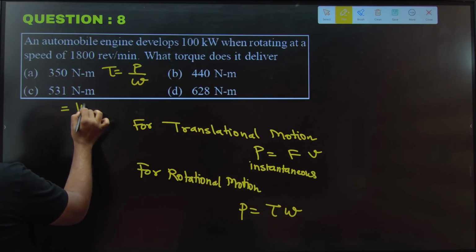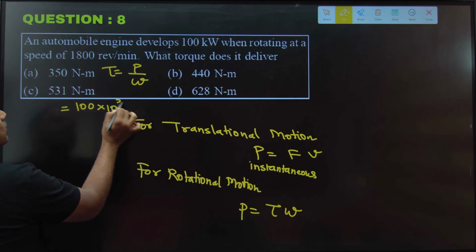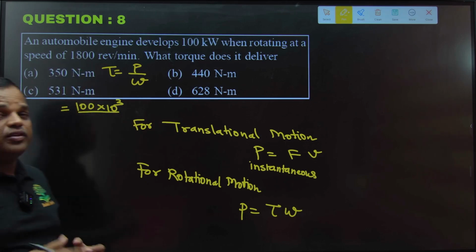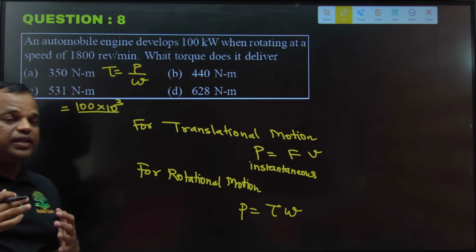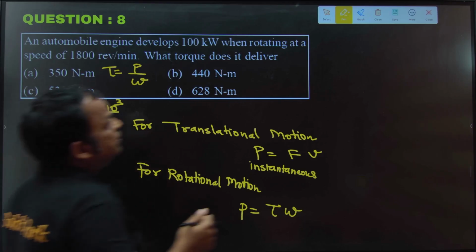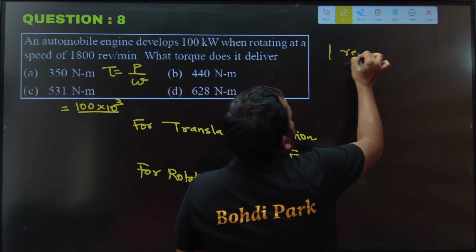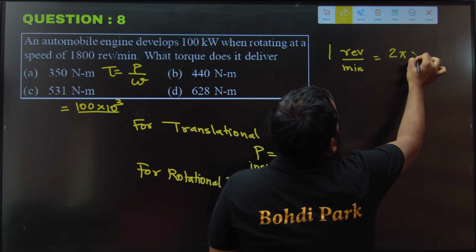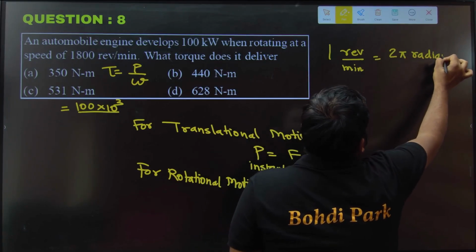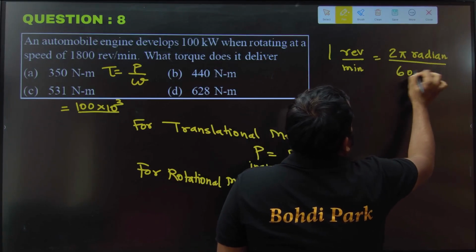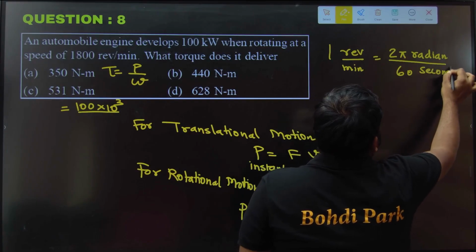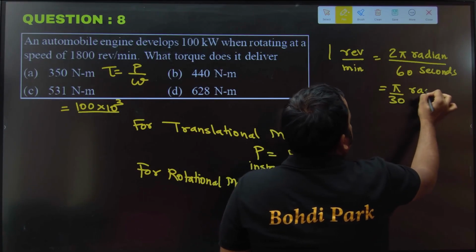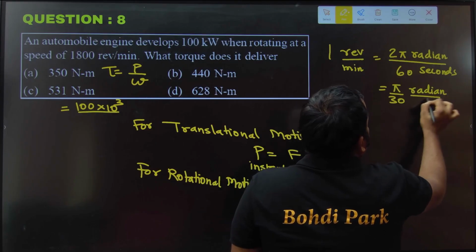So 100 into 10 raised to 3 divided by angular speed, which is given in revolution per minute, that is RPM. Let's convert that. 1 revolution per minute is equal to 2 pi radian divided by 60 seconds, or pi by 30 radian per second.